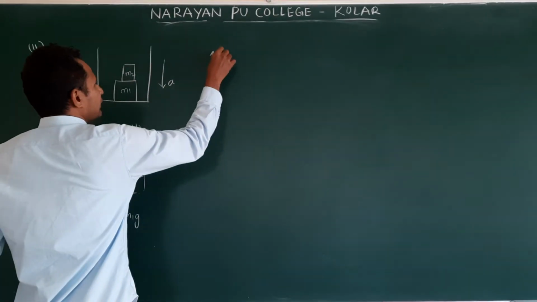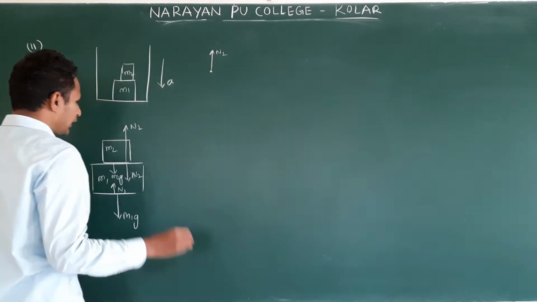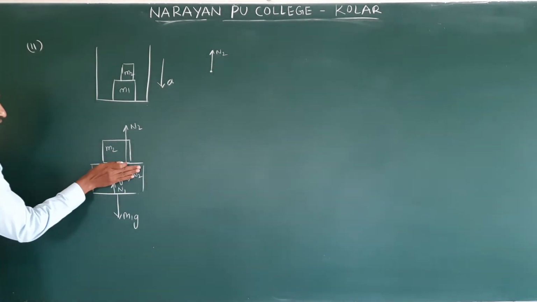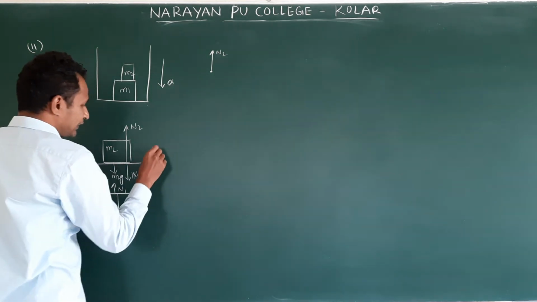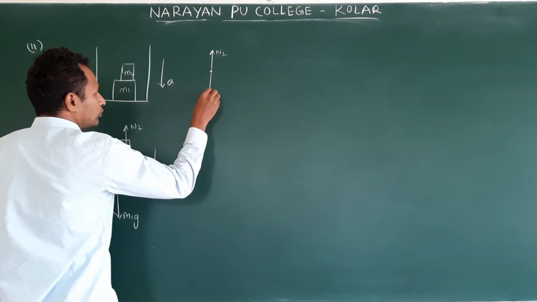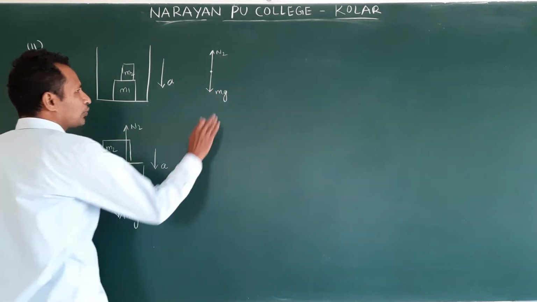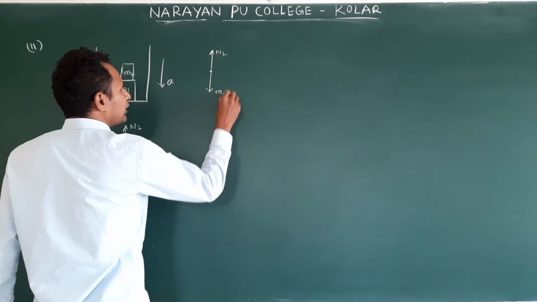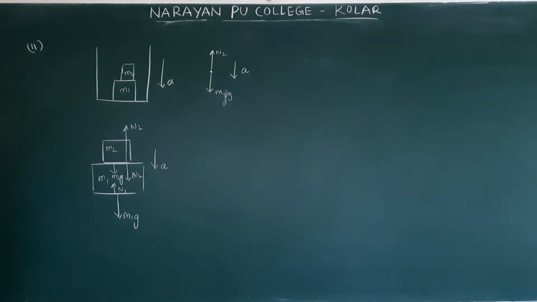N2 acts upwards, only this. I am talking about this object. So it is going downwards. So M2g acts downwards.